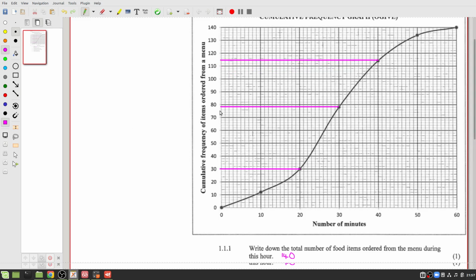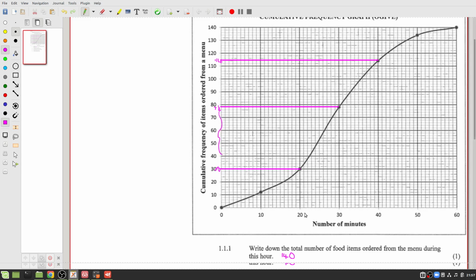This goes from, let's say 1, 2, 3, 4, 5. So let's say 78 here, and this is 30. And this one is what? 110, 12, 14. 114. Okay, so this difference is 48. This difference is about, what is that? About 36. Right, so this one is the biggest.